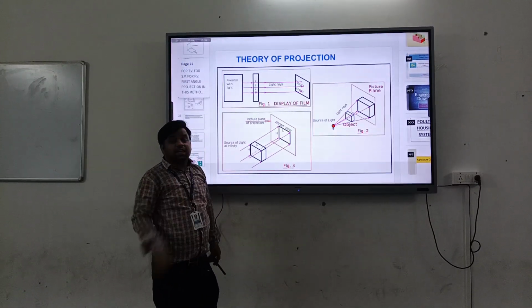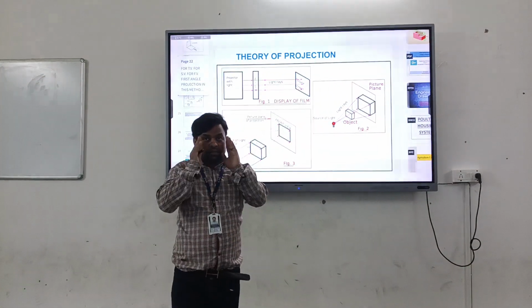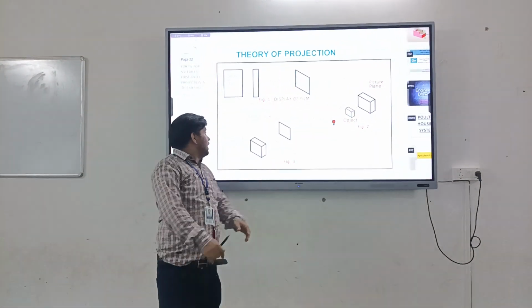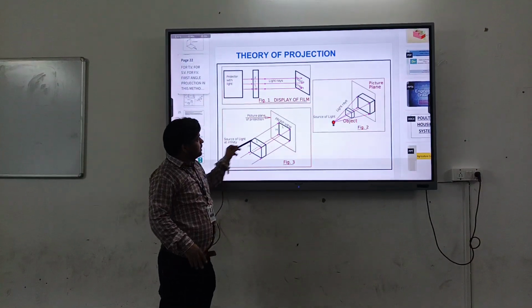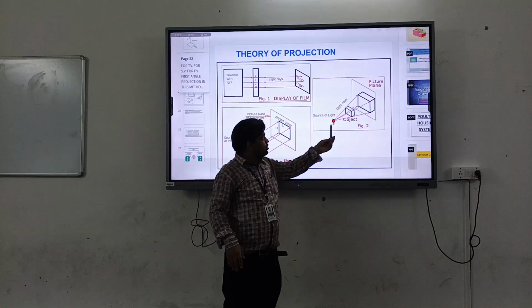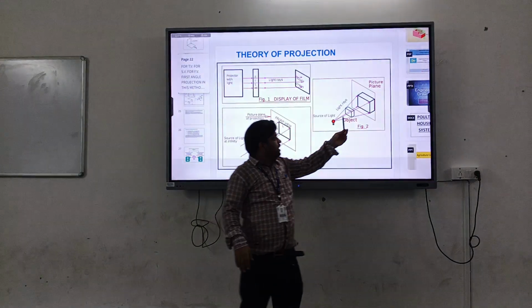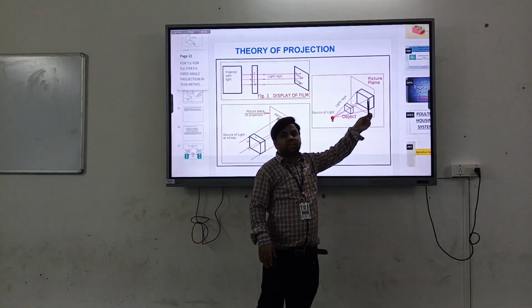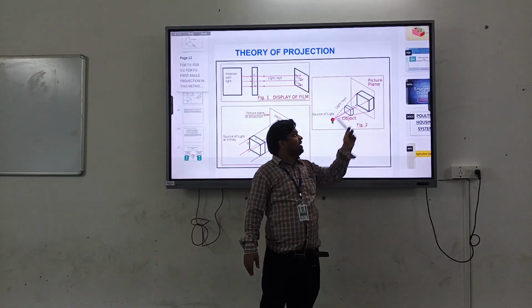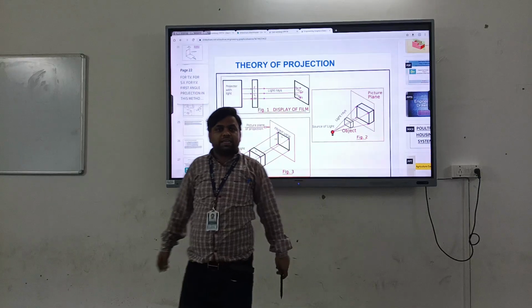Similarly, if we see the object, the light rays from the light source will strike the object and strike the picture plane, so that the image will be formed like that.